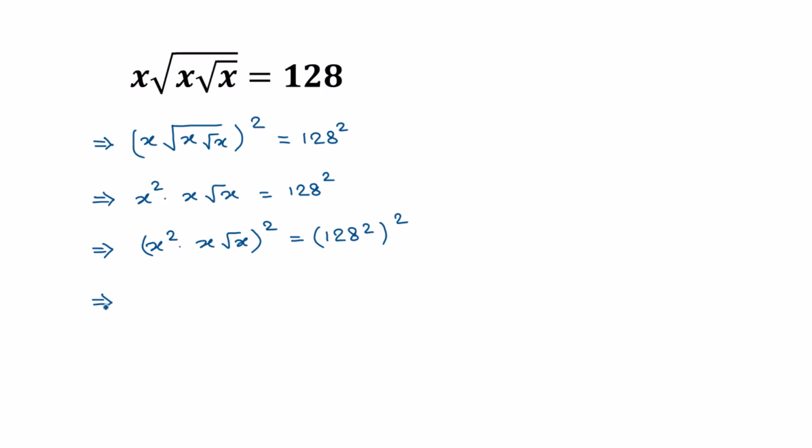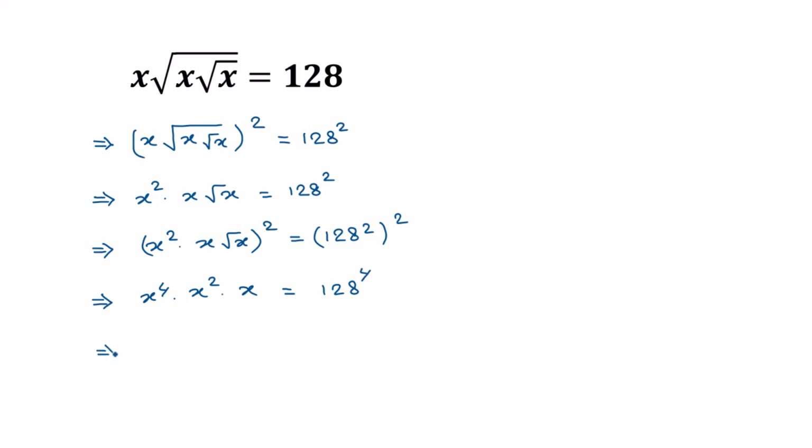Or, this x square and this square will be x to the power 4 times this x and this square, it will be x square times this square root, and this square will cancel and it will remain x here. So x is equal to the right side, 128 to the power 2 times 2, this will be 4.